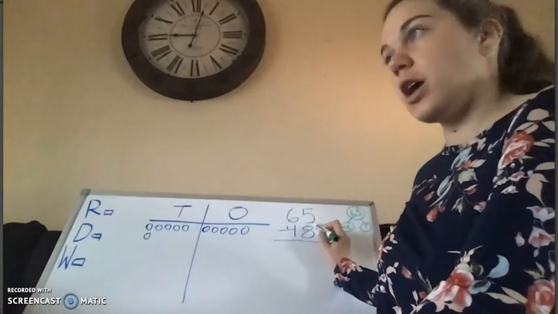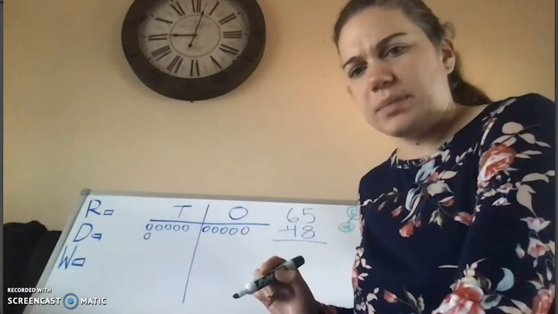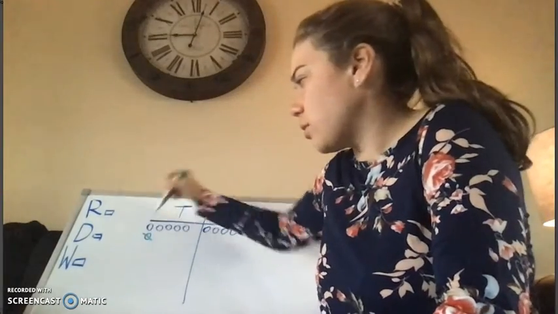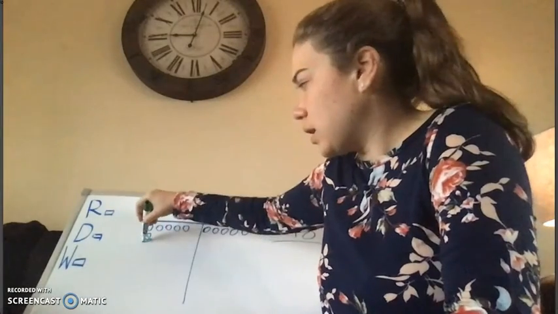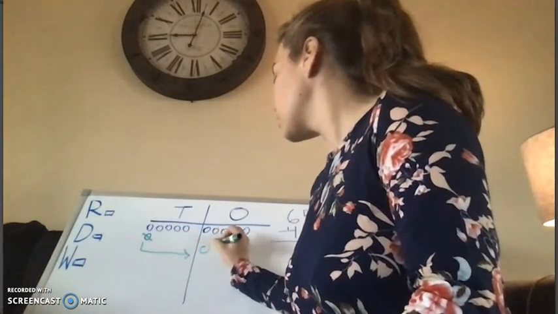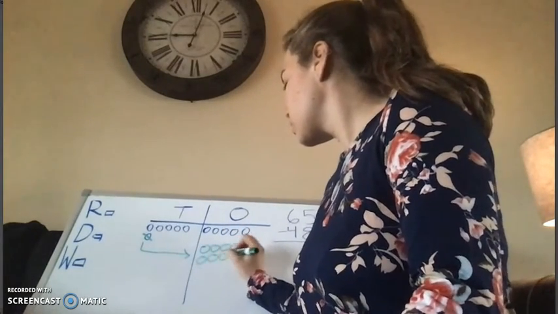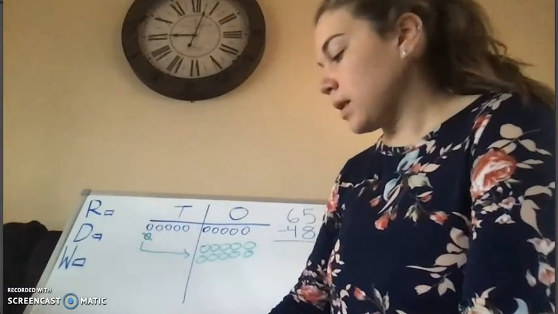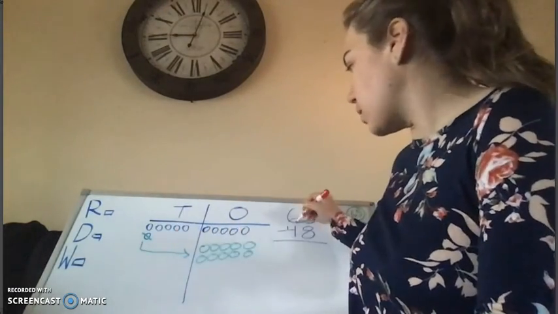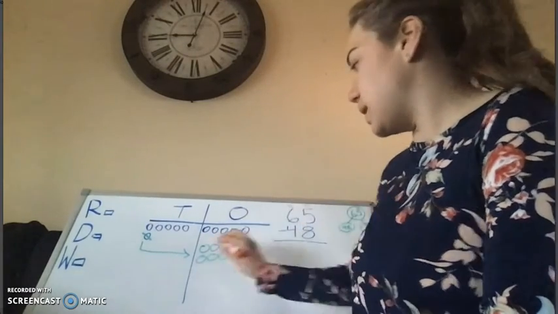So we have to always start in our ones place. We're going to do 5 minus 8. Can we do that? No. So we're going to need to cross off 1 ten, trade it in for 10 ones, and now this is only 5, and this is now 15 ones.